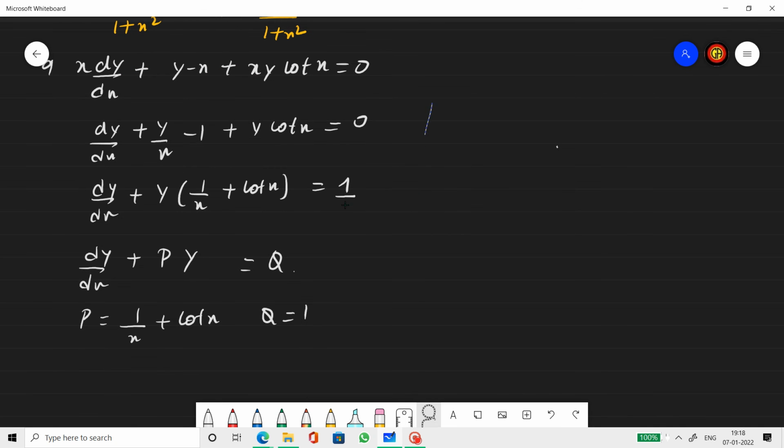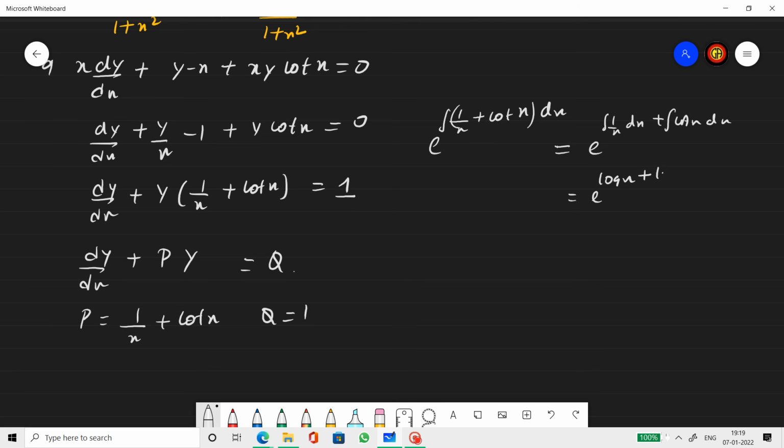Finding the integrating factor here would be e power integration of 1 by x plus cot x. So the power has two terms to integrate, whereas so far it used to be one term. So be a little careful. Integration of 1 by x dx plus integration of cot x dx in the power, which is e power log x plus log sin x, since integral of cot x is log sin x.